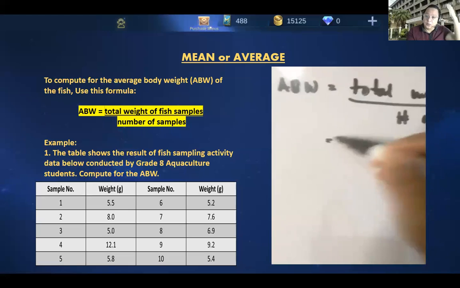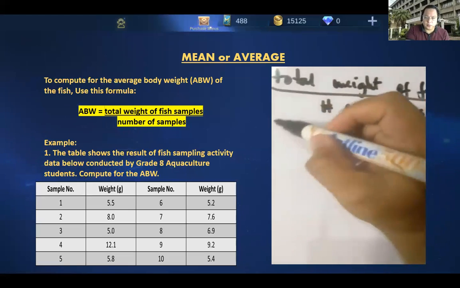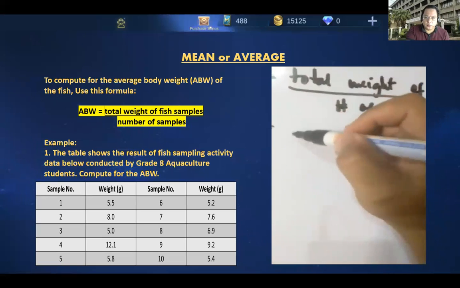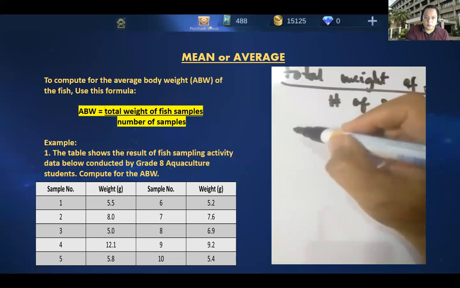So all we have to do is add the total weight of fish sample given in the table, sample number 1 up to 10.